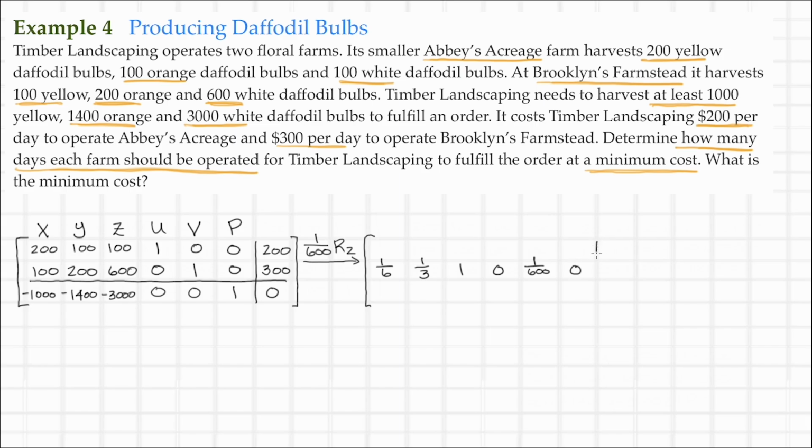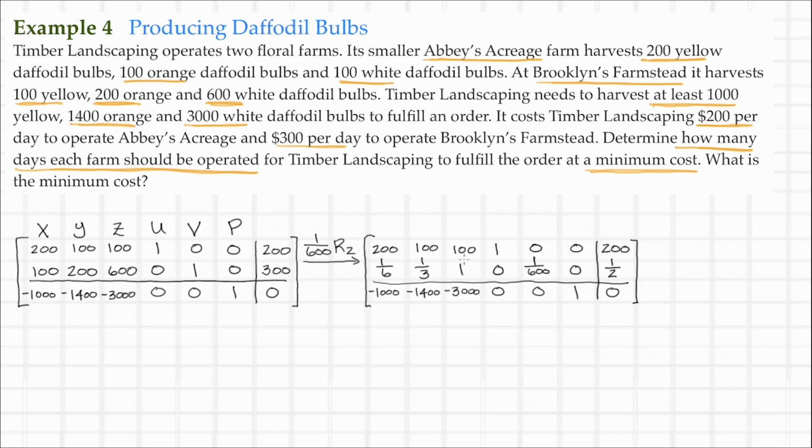Put in our vertical bar. 300 times 1 over 600, of course, that's 1/2. Close off our bracket. And we bring over the rest. Put in our horizontal line.